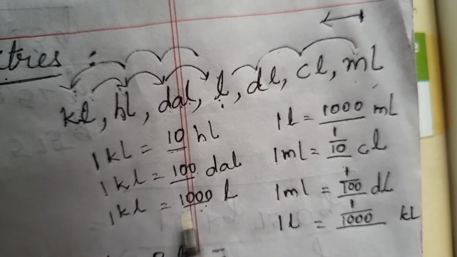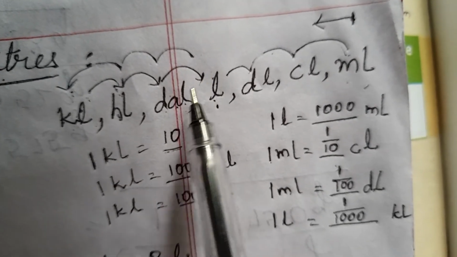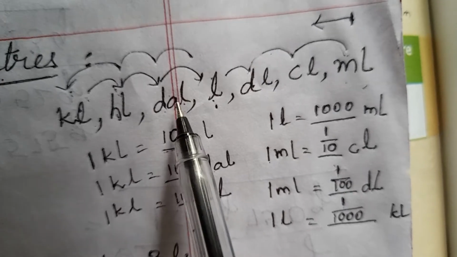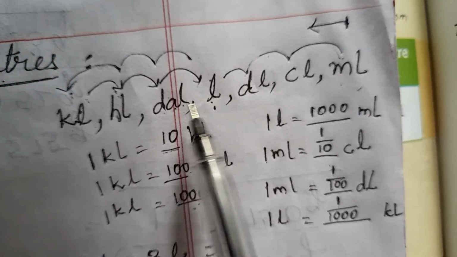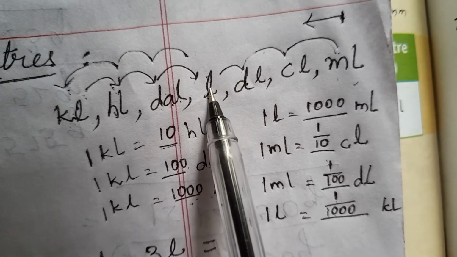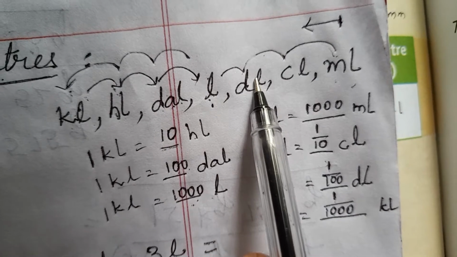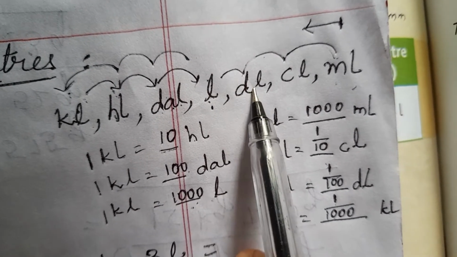So 1 KL equal to 1000 liter. Children, in the same way, 1 DAL equal to dash L means it is 10 L. In the same way, 1 L is equal to 10 DL.